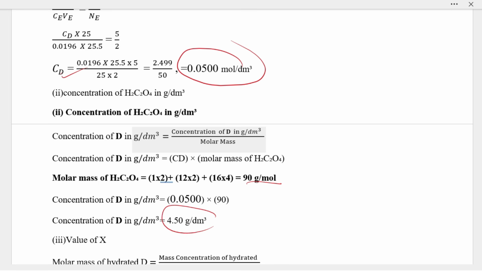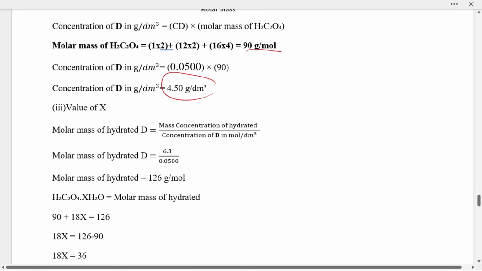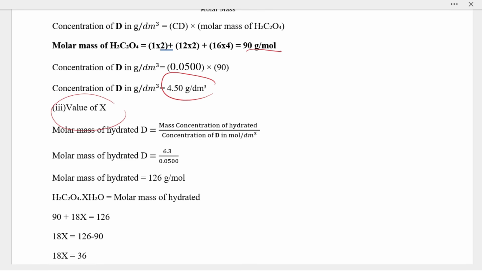You have 4.5 as our gram per dm³ of D. What is now the value of X? When you calculate the value of X, you want to get the molar mass of the hydrated salt. In doing that, you have been given 6.3 gram per dm³. So divide by what? By 0.05 mole per dm³. You have 126. So 126 is the molar mass of the hydrated salt.